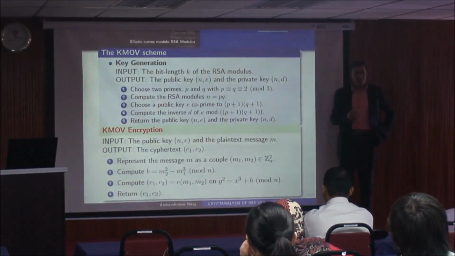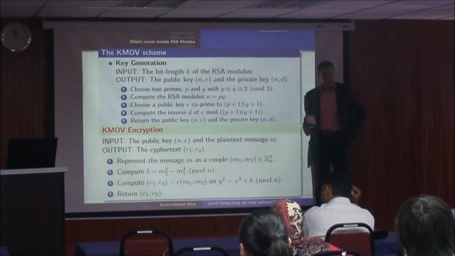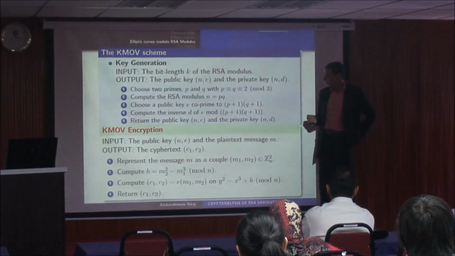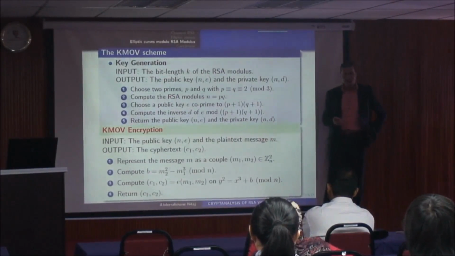You can see that in RSA in general, this is (P minus 1) times (Q minus 1). In here we have (P plus 1) times (Q plus 1).